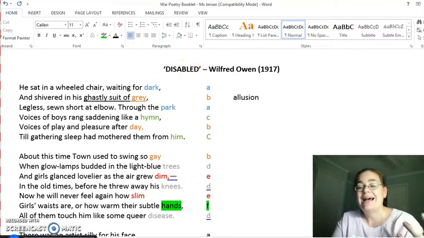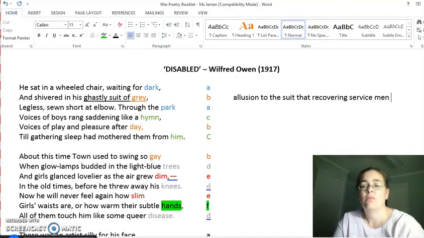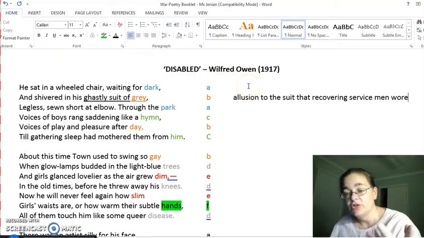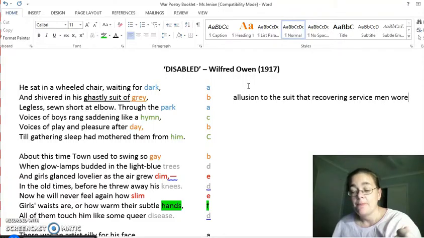So allusion with an A to the hospital uniform. They were still in the army, so even when they were recovering from their injuries, they were still in the army and they were still given a particular suit to wear, so they were kind of identifiable as a recovering or recuperating serviceman.